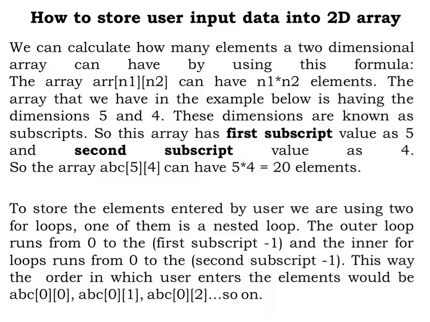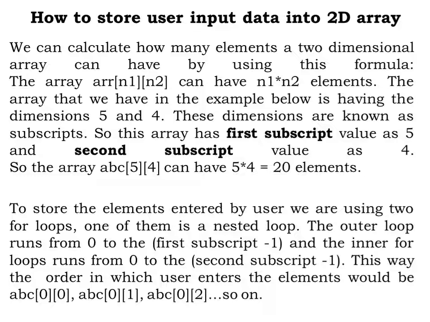To store the elements entered by the user, we are using two for loops, one of them nested, that is a for within a for. The outer for loop runs from 0 to the first subscript minus 1, and the inner for loop runs from 0 to the second subscript minus 1.